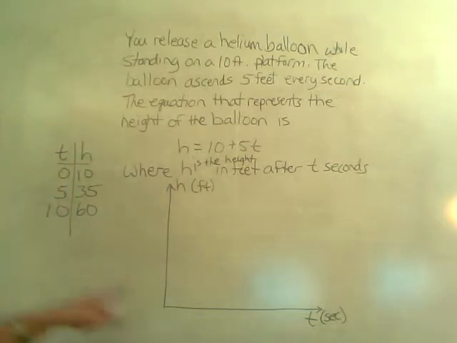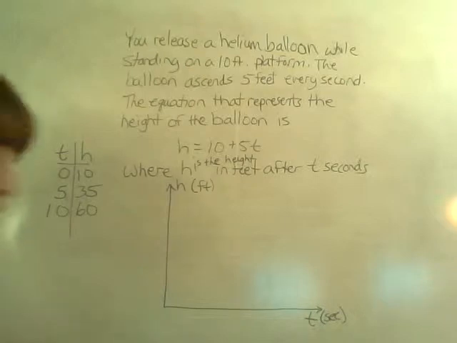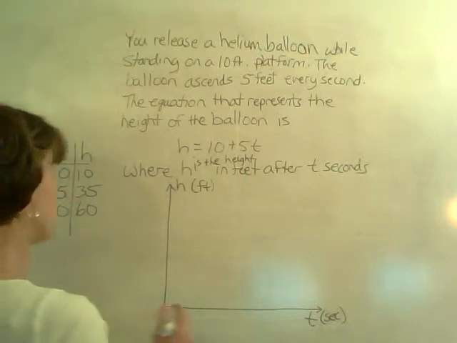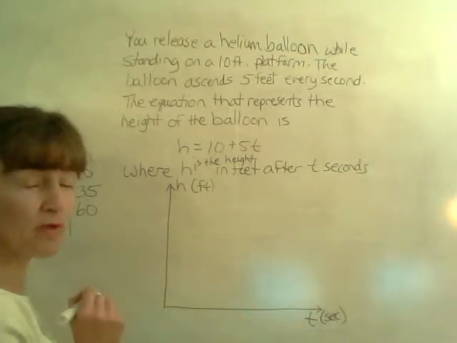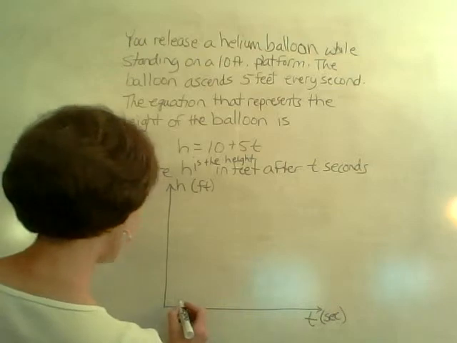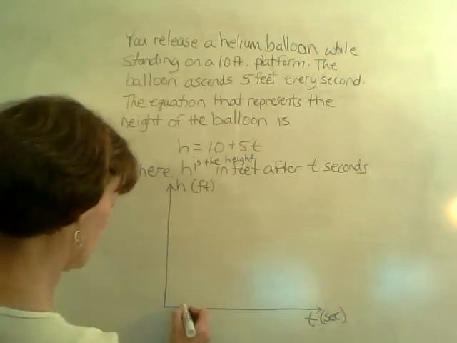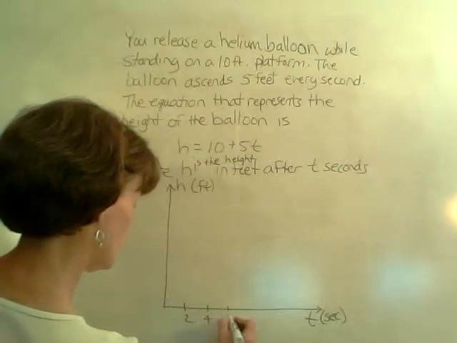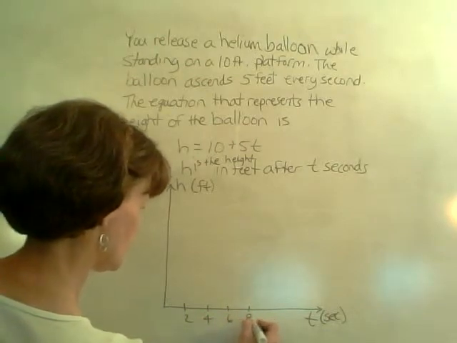So on the t-axis, I could count by 1s or 2s or 5s. Really don't want to count by anything higher than 5s. Probably I'd really rather count by 1s or 2s. So I'm going to count by 2s. 2, 4, 6, 8, 10.